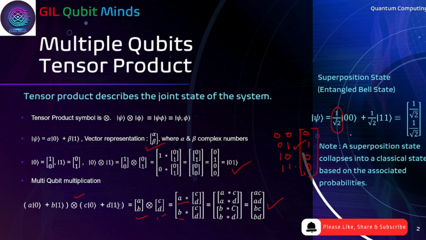So it is a 50-50 chance to get these two states. But you can also see this is called an entangled Bell state. What is entanglement? We will see that now. Also note that a superposition state collapses into a classical state based on the associated probabilities.